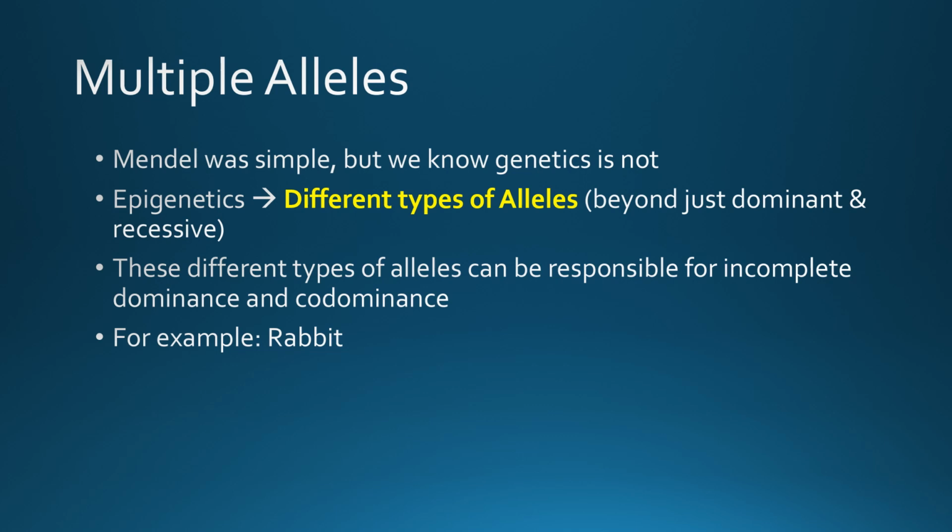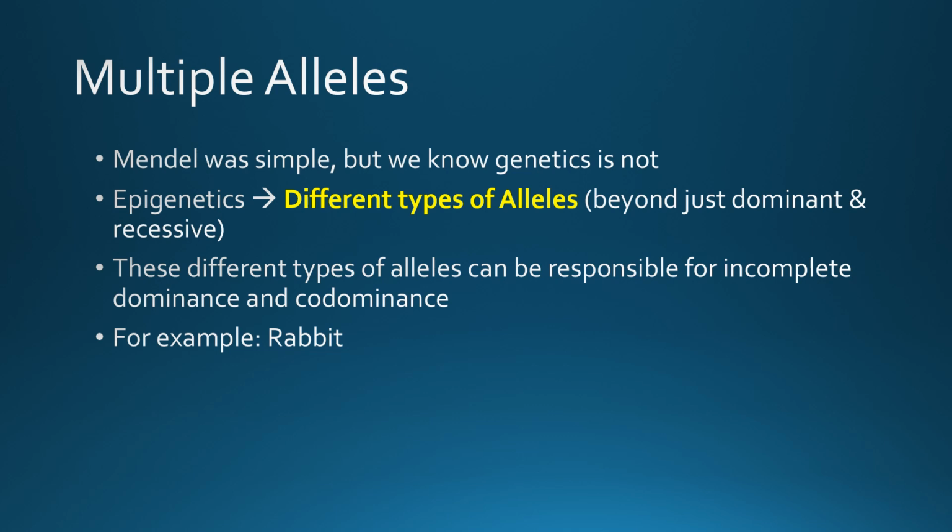In fact, we've discovered these things called epigenetics, which give us different types of alleles. And now this brings us beyond just dominant and recessive traits. We can have different types of recessive alleles. We can have different types of dominant alleles. And this explains our incomplete dominance and codominance.